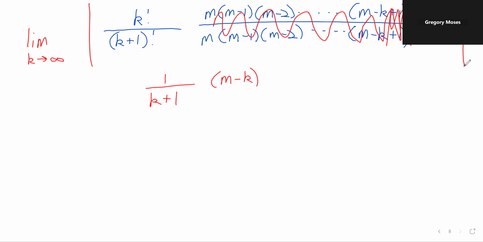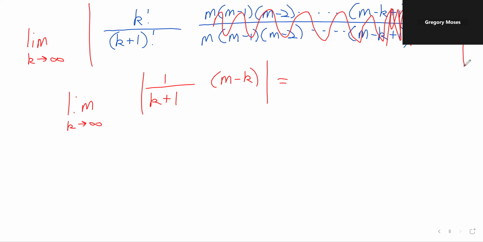No, I have not made an error. The ratio test is inconclusive here. Like if we think of k as our variable here, first degree polynomial, this limit exists.